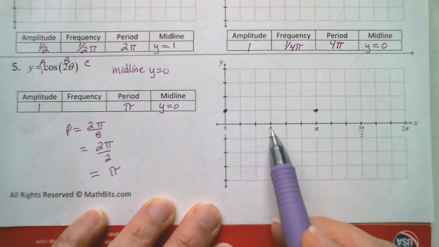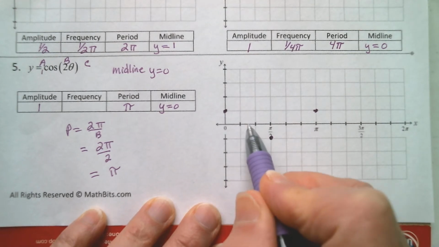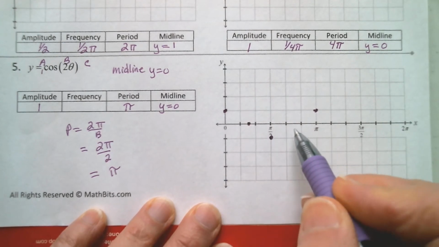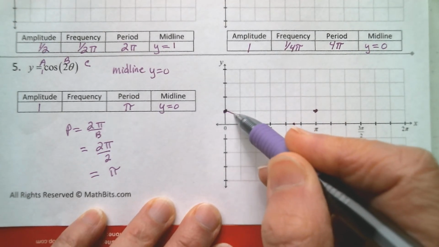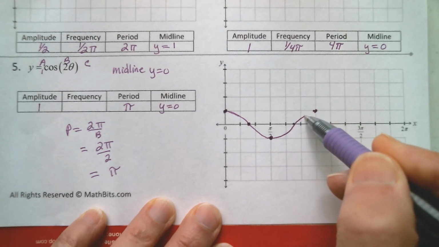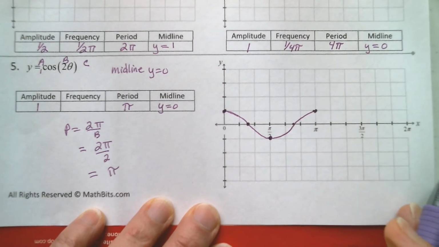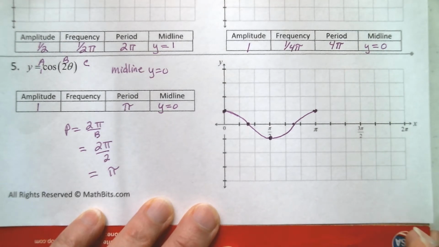And between 0 and pi over 2, it will be on the midline, so halfway between, and halfway between here on the midline. So there we have one cycle of y equals cosine 2 theta.